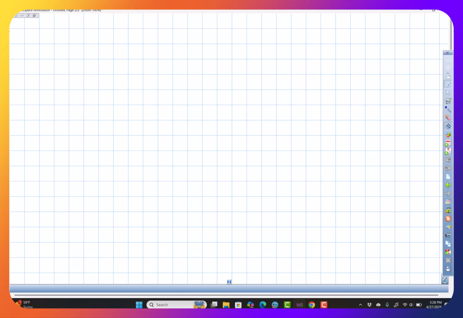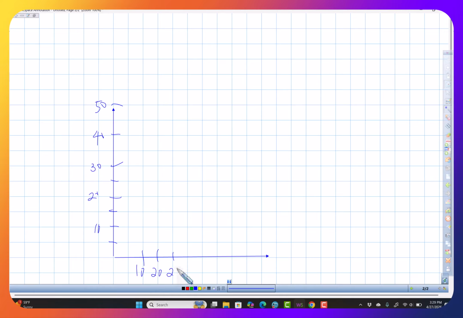I know I need to go up to 50, so I'm going to say each one of the squares is 5: 5, 10, 15, 20, 25, 30, 35, 40, 45, 50, and the same on the other axis.